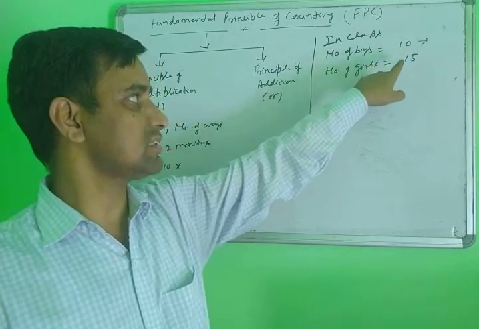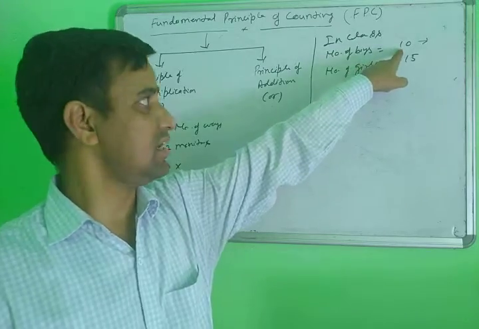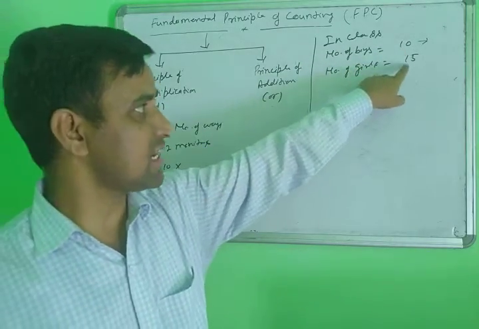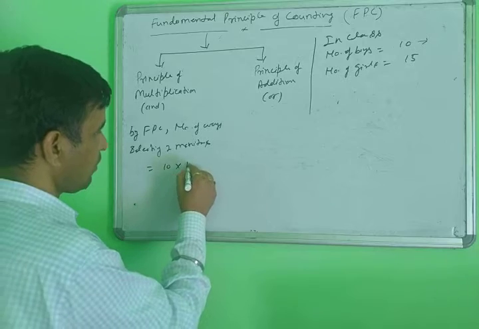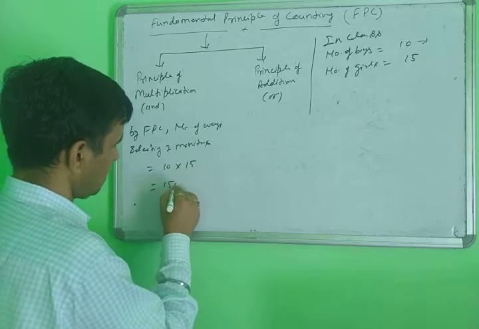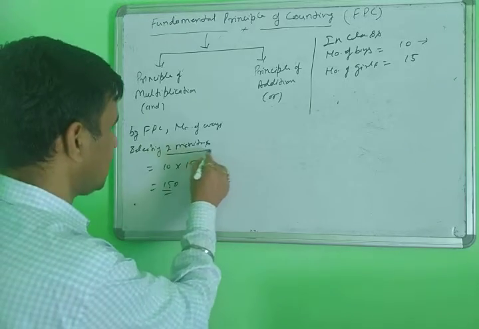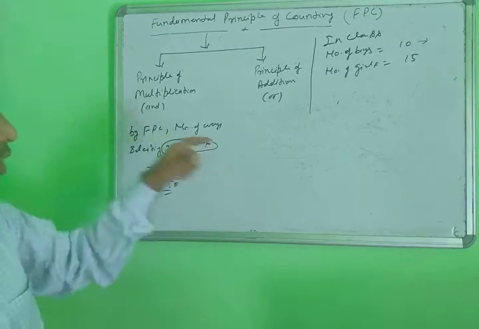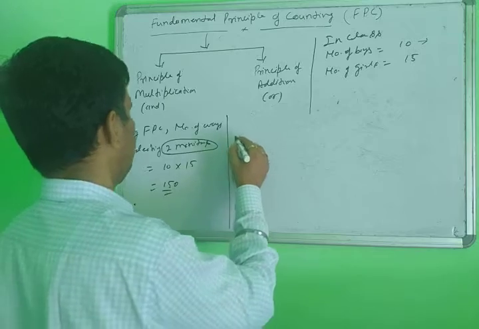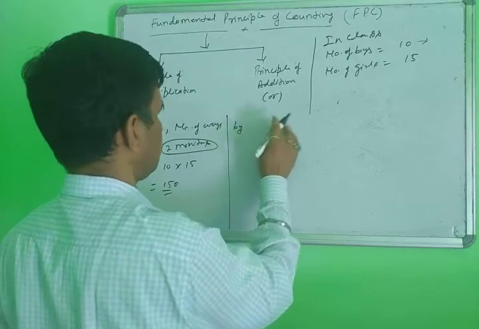Any boy can be selected in 10 ways, and a girl in 15 ways, so the total number of ways is 150. This is selecting two monitors by FPC.